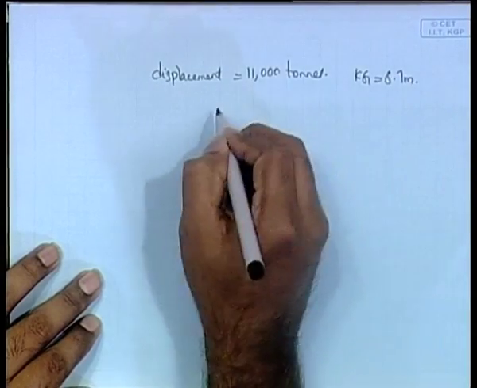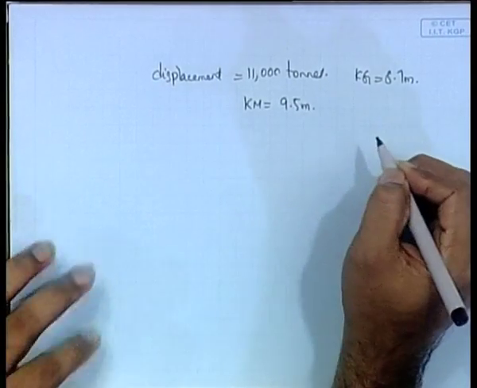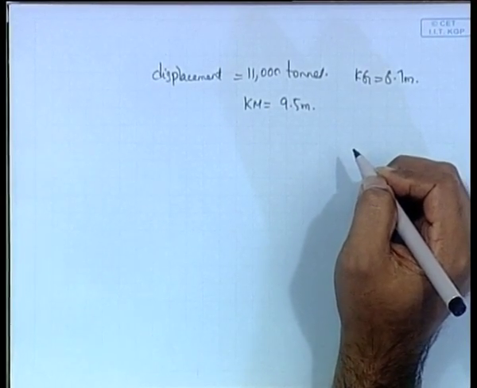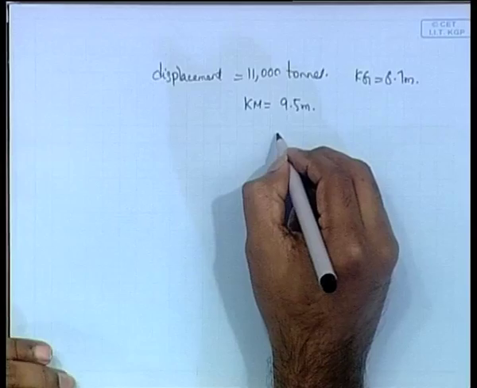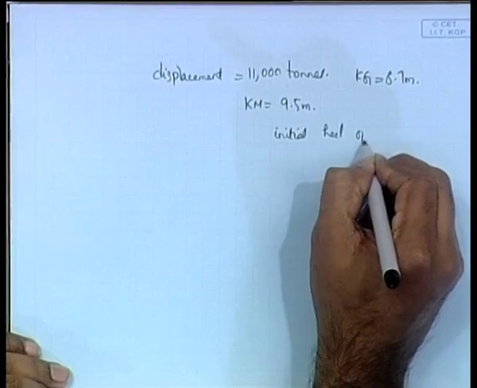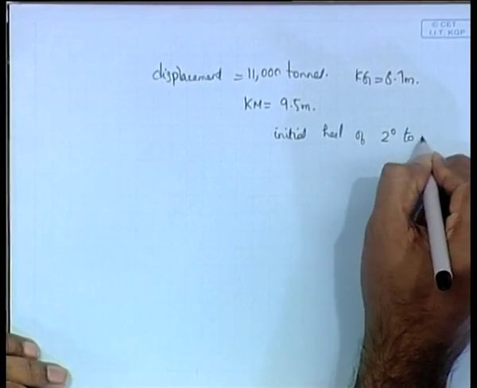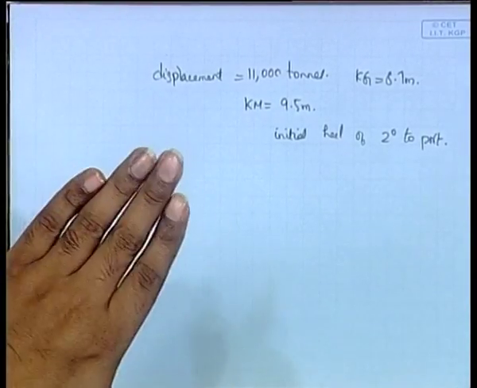It has a KM equal to 9.5 meter, and it is said that it has an initial heel of 2 degrees to the port side. Port is this side, it is heeled like this when you are looking.